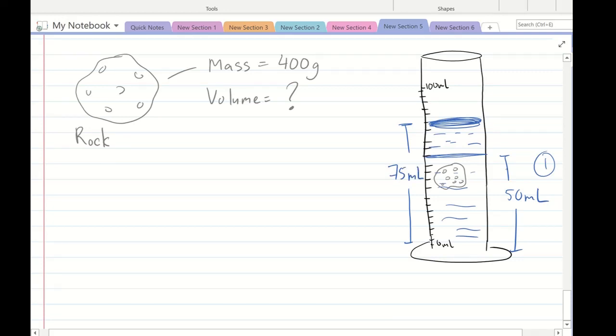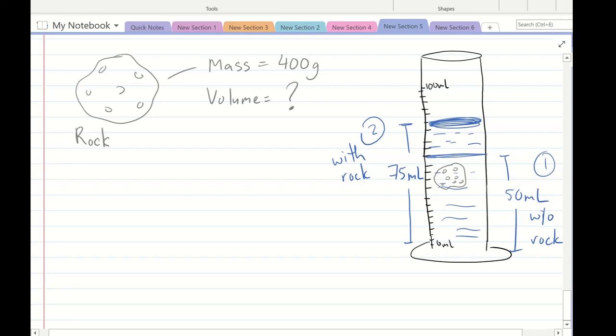Before, without the rock, it was 50 milliliters. So this is with rock, and this is without rock, or object. It doesn't have to be a rock. It could be whatever object you're trying to find the volume of.